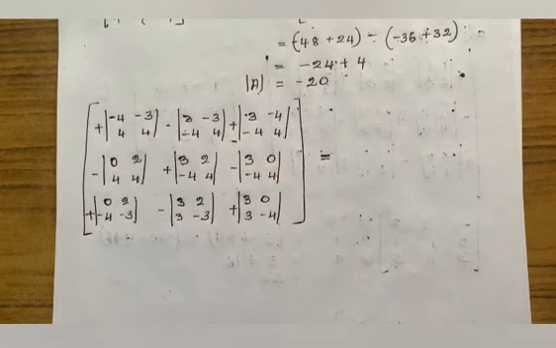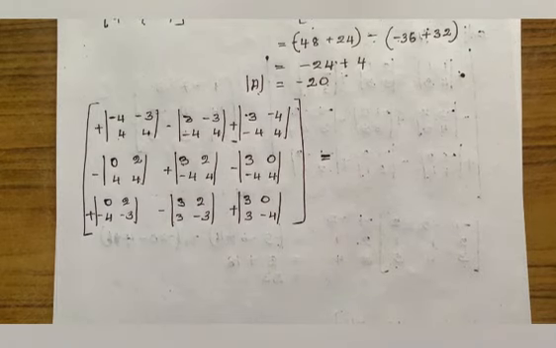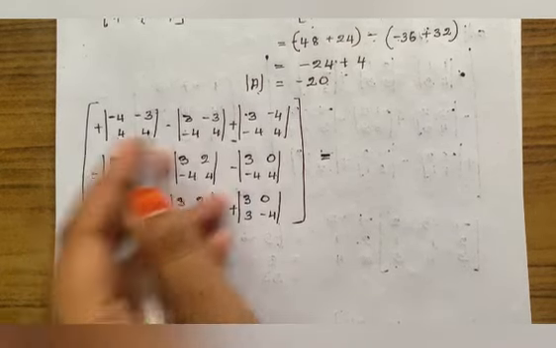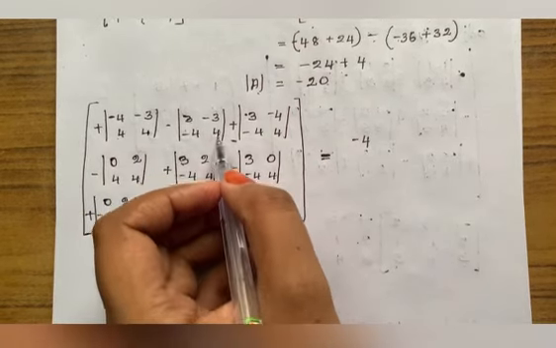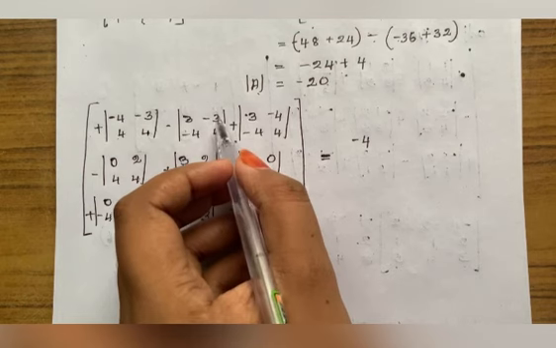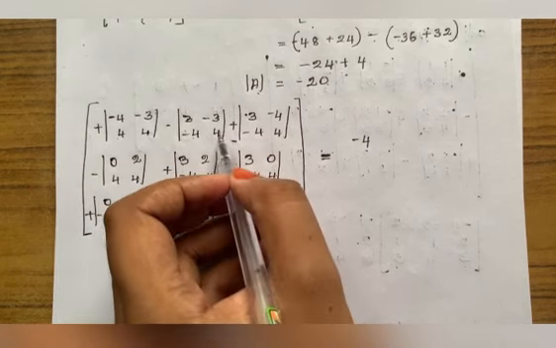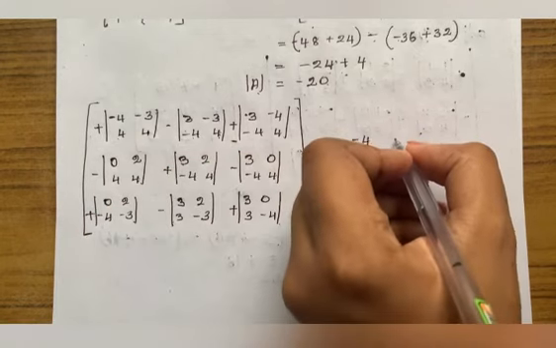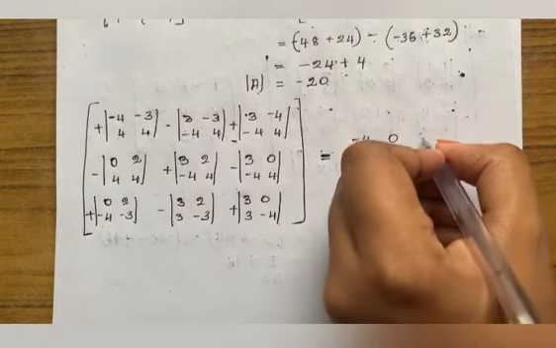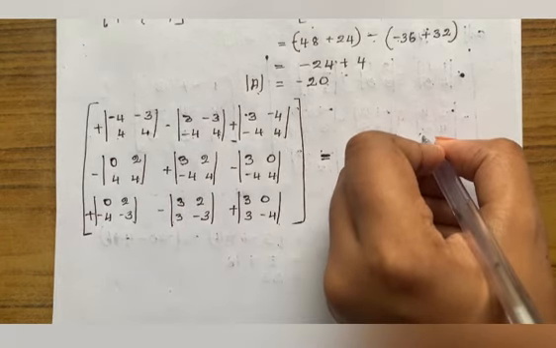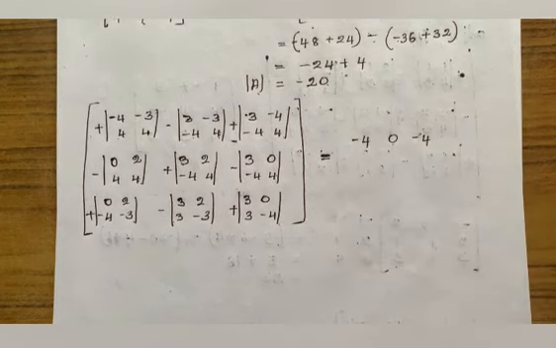Now I'm going to find the values. Minus 4 into minus 16 minus 12 is minus 4. Okay, you can write it like this, or you can write another step, doing the addition or the subtraction of these cofactors, and if you can do it in your mind, it would be convenient. Okay, that would be practice.